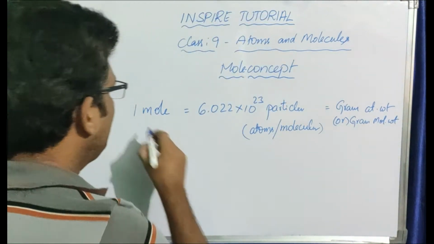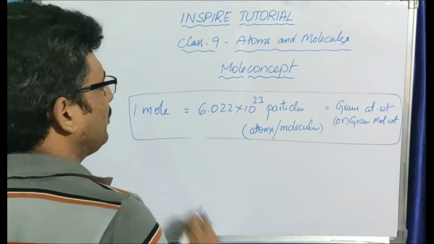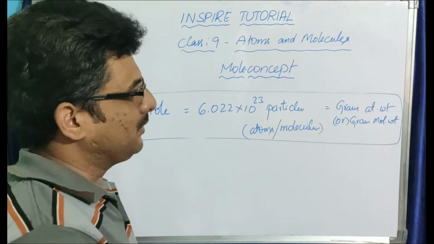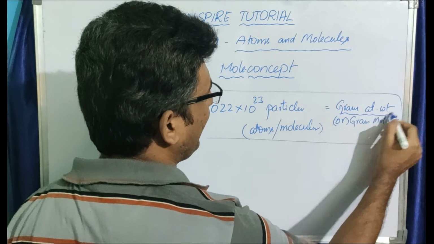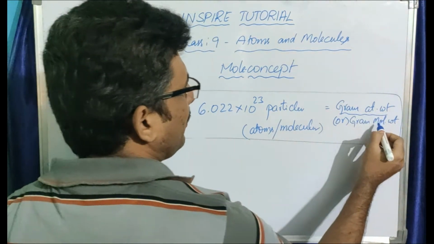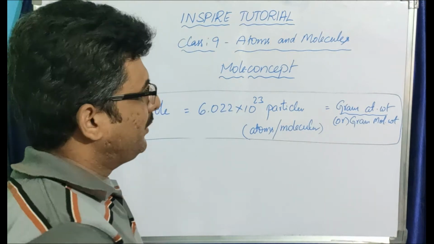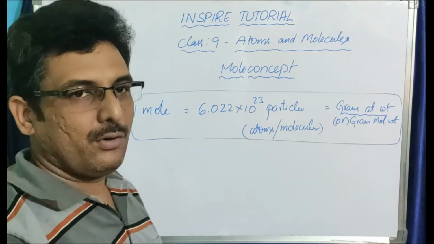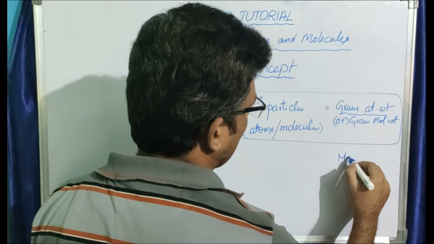Okay, so this is the relation between 1 mole and number of particles and the mass of that substance. You are taking atomic weight in grams, so that is called gram atomic weight, and you are taking molecular weight also in grams, that will be gram molecular weight. And the weight of a substance of 1 mole is called molar mass.